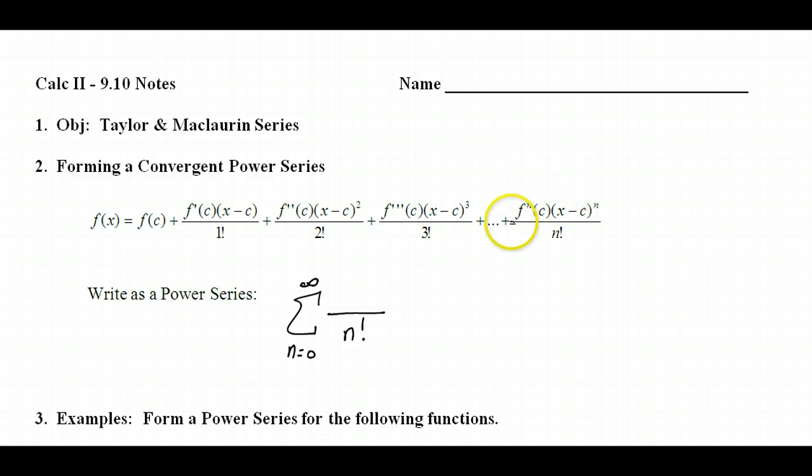And in this situation it's really nice because the nth term is written, not that it would be hard to find. We need to take the nth derivative of our function. We're still plugging in c wherever we're centered around, and then we have x minus c to the power of n. So that's taking our Taylor and Maclaurin polynomials and writing those as a power series.